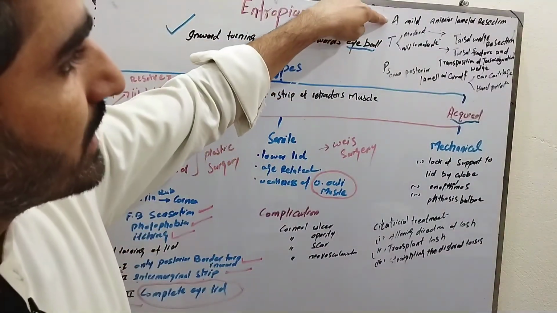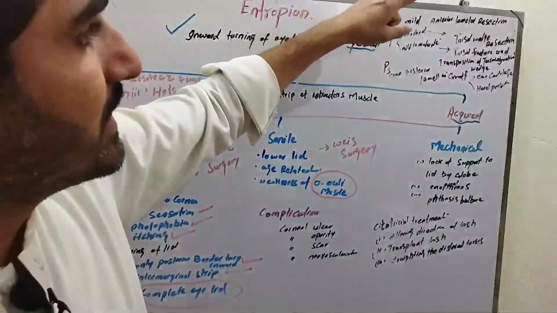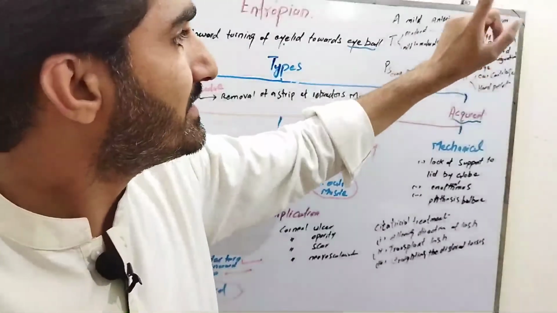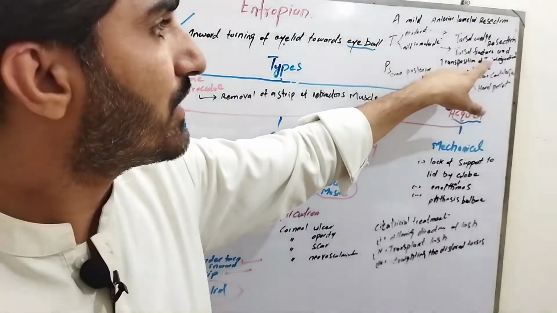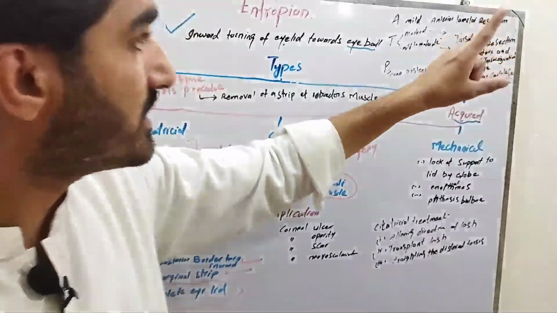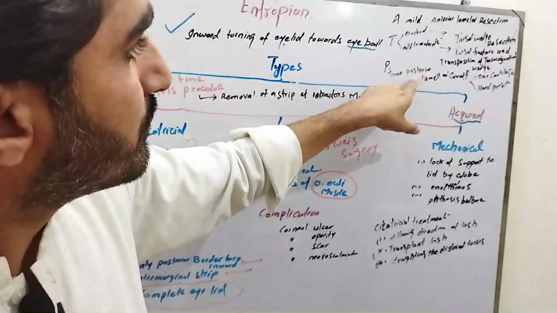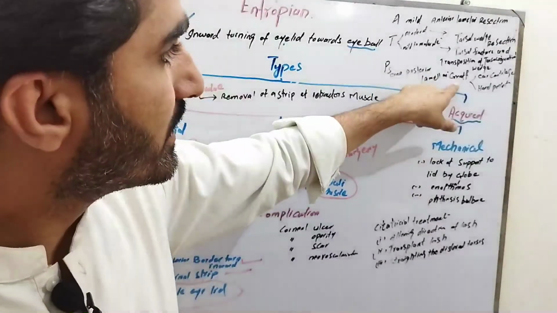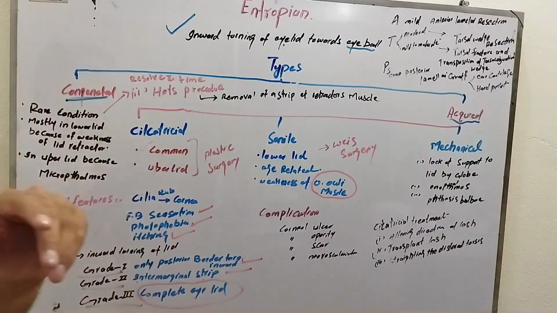ATP. A means anterior lamellae resection. T means tarsal wedge resection or tarsal fracture and transposition of tarsoconjunctival wedge. Third one is P. P is posterior lamellae graft. In which case will we do which procedure?